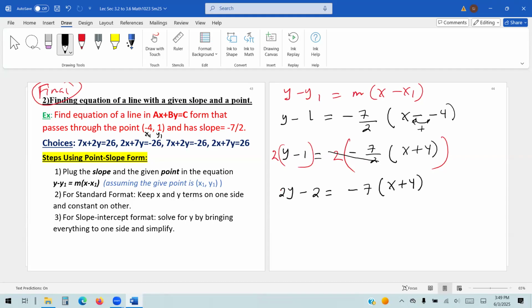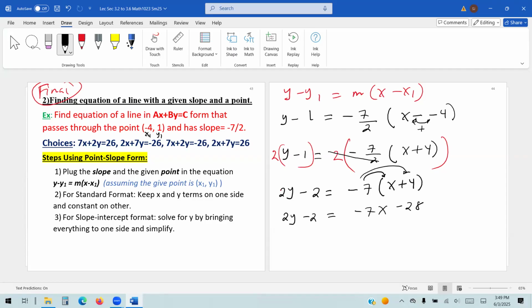We multiply by the denominator because the only thing we hate is the denominator. Everything else is fine. So we get rid of whatever we don't like. And then what do we do? Distribute. 2y minus 2 equals negative 7x, and negative 7 times 4 is negative 28.